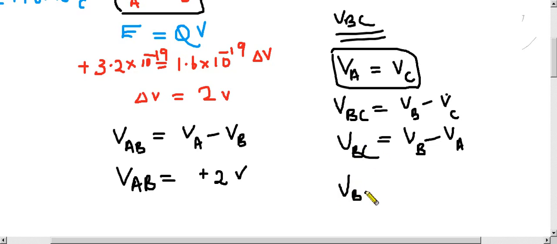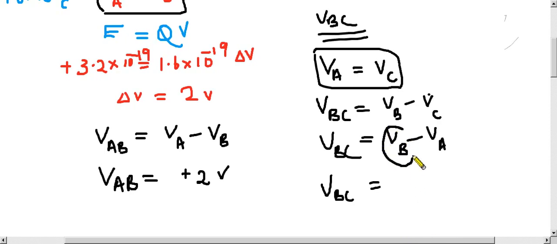Then VBC equals, we know that we are now subtracting from a lower voltage. Earlier we assumed that VA is 8 volt, VB is 6 volt. Now here we are subtracting from 6 volt, because VB is 6 volt. From 6 volt we subtract 8 volt.